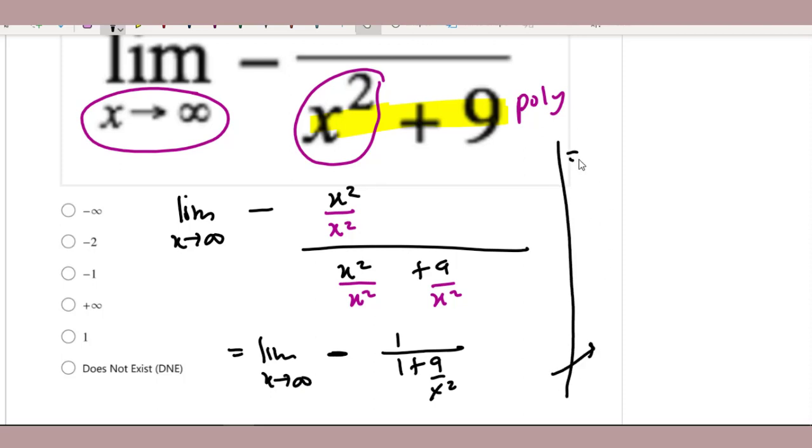Then substitute: 9 over infinity is 0. So negative 1 over 1, or negative 1. The answer is negative 1.